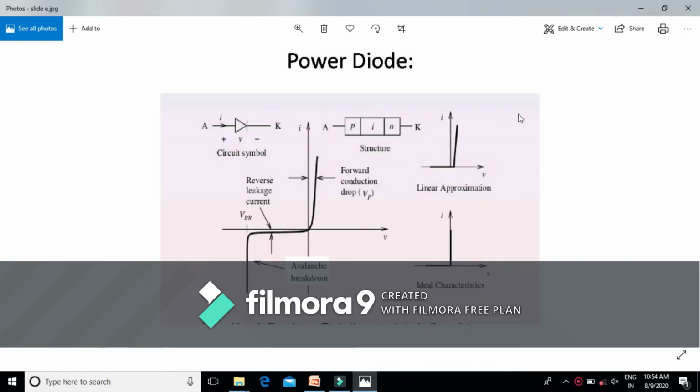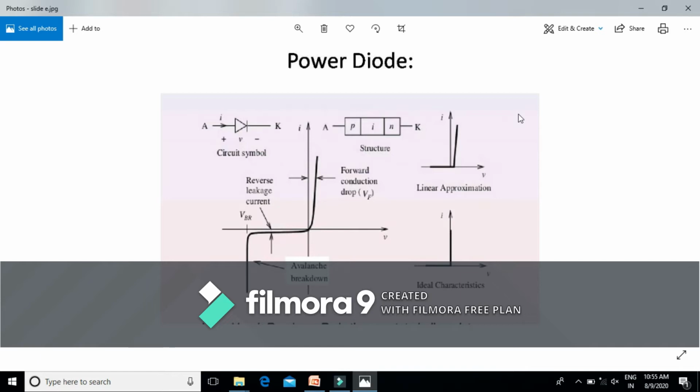Like other semiconductor devices, this PN junction forms the basic building block of this power diode. This PN junction is formed when P-type material or semiconductor is brought in physical contact with N-type material. Here, P-type material has a greater concentration of holes and N-type material has more concentration of electrons.